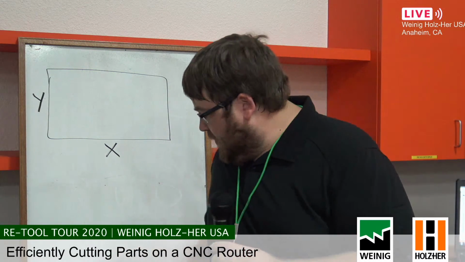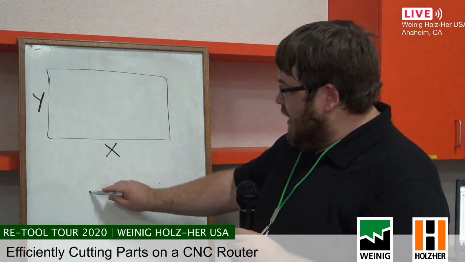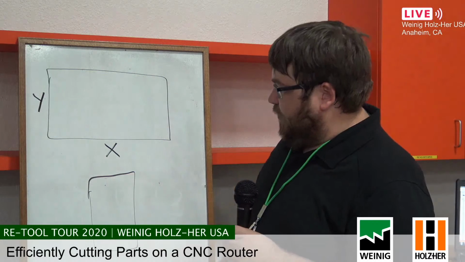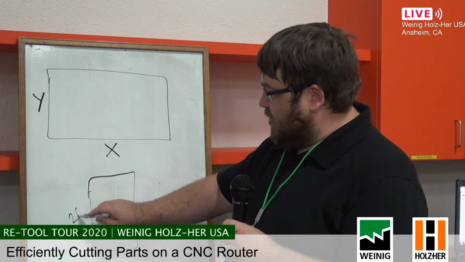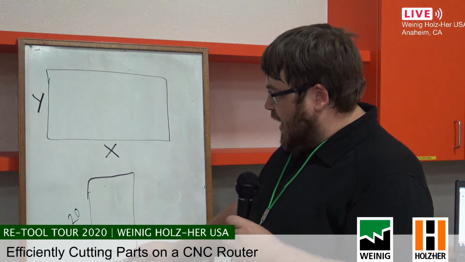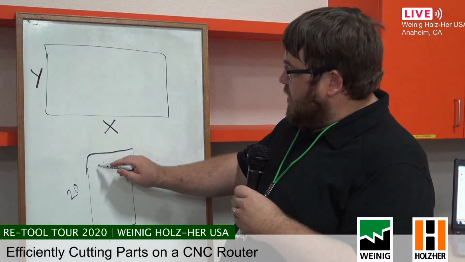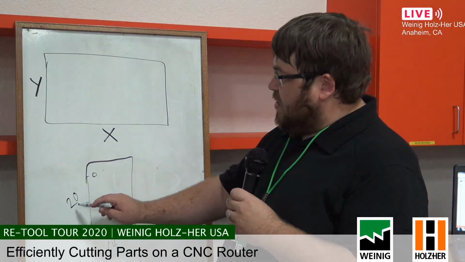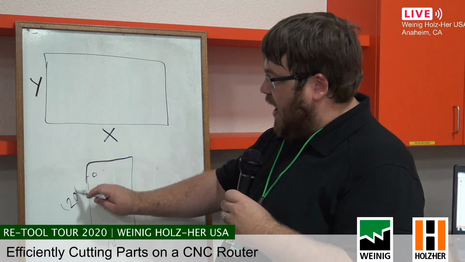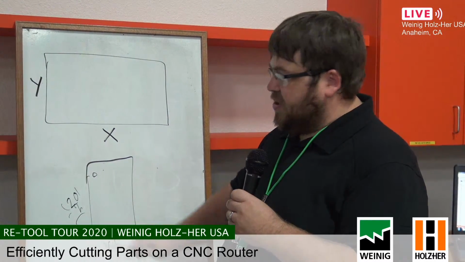Well, using parametrics, I can say, and I'll go ahead and draw a little picture so it may make more sense. If I know I have a cabinet door, and it is, on average, we'll say 20 inches tall and 14 inches wide. So if I know I always want my first hole to be 2 inches from the top, my relation to that is going to be whatever the height of the door is minus 2 inches.